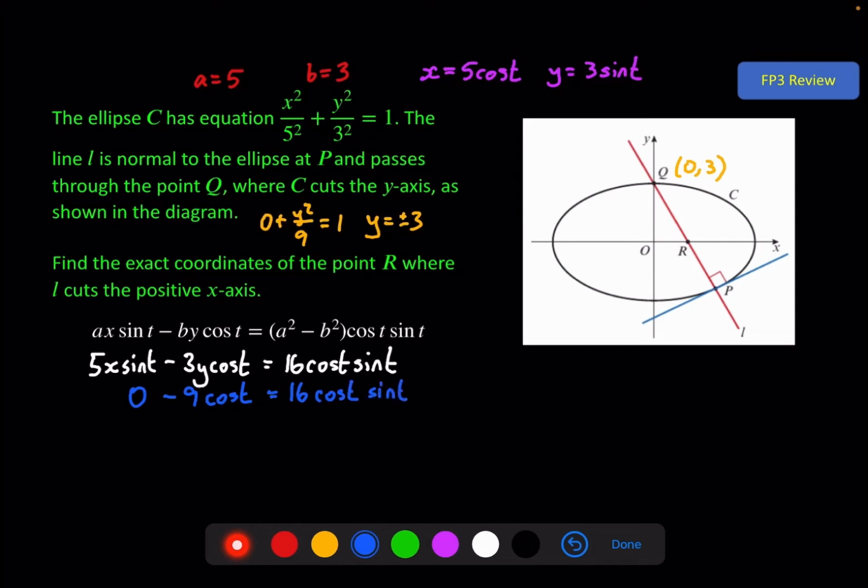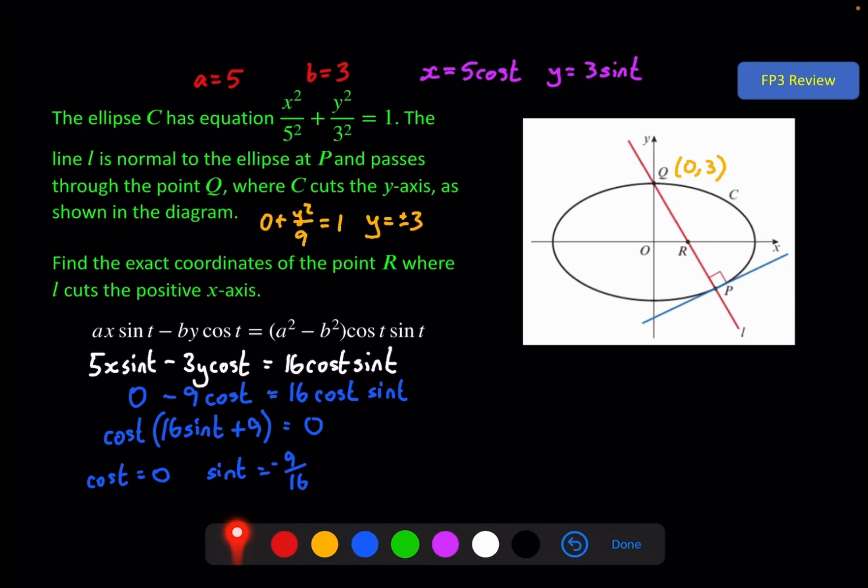Rearrange and solve for t, gives us cosine t (16 sine t plus 9) equals 0. So of course either cosine t is 0 or sine t is equal to minus 9 over 16.